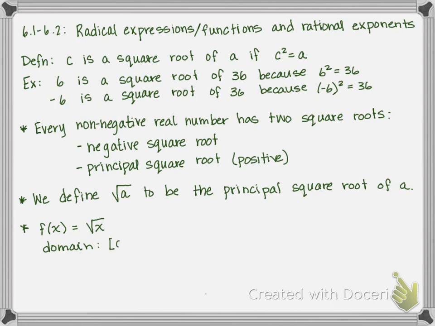So it's all non-negative numbers, which is really close to all positive numbers. It just includes 0 as well. And then because we defined that symbol to represent only the principal square root, that means that the output is also non-negative. So the range is also 0 to infinity.